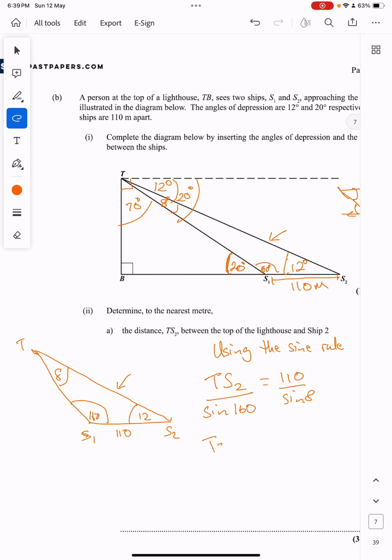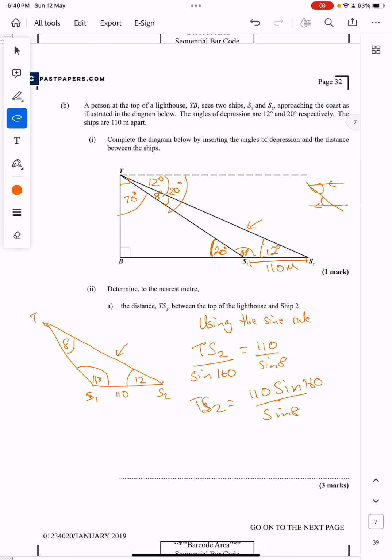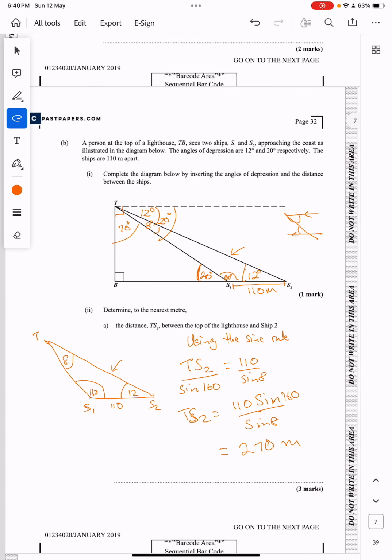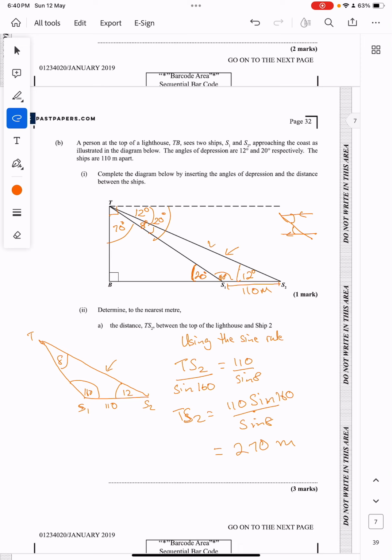So that TS2 is going to be equal to 110 times sine of 160 over sine of 8. Again, remember to make sure your calculator is in degrees when you're working this out. This works down to be 270 meters in length. So we've got that this length here is 270 meters.